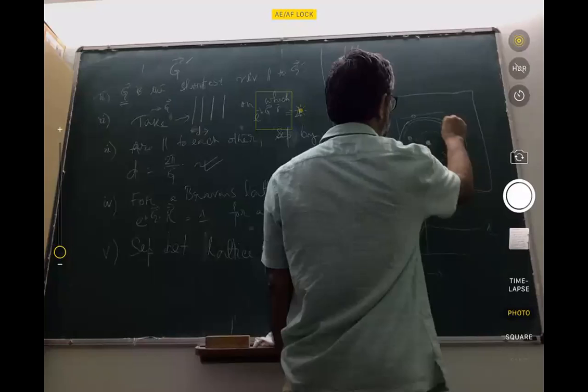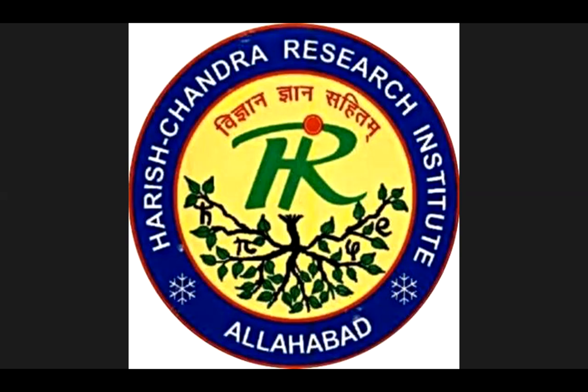Suppose you have applied periodic boundary condition, and you have one particle here, and there is another one sitting here.